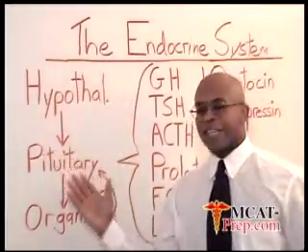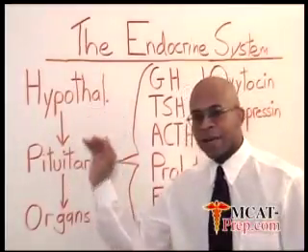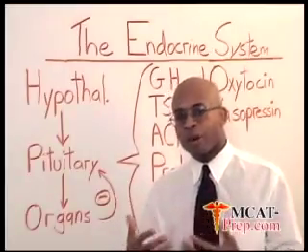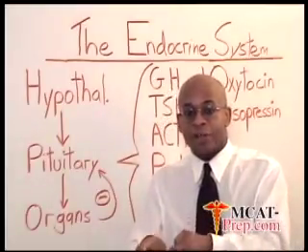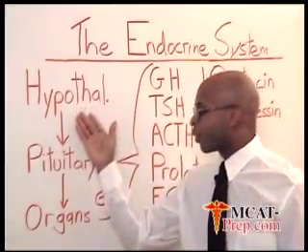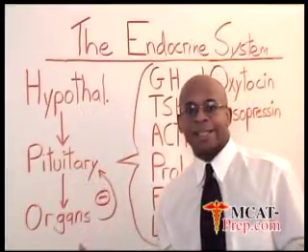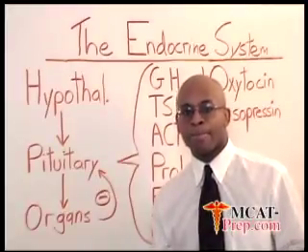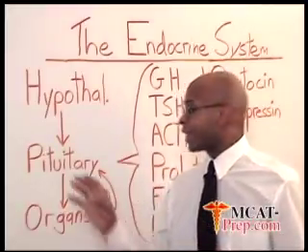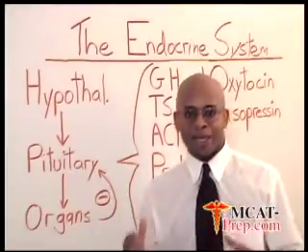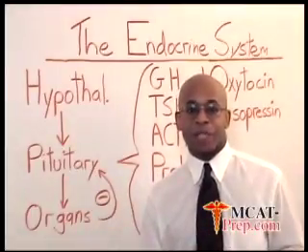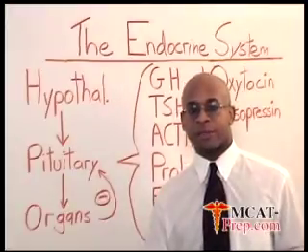Now, in terms of the axis, which means the levels at which the effect will occur from a hormone to the end organ, we have the hypothalamus, the pituitary, and the end organ that will be affected by the hormone. Now, it used to be thought that the pituitary was the master organ and that it controlled all the different events occurring in the endocrine system.